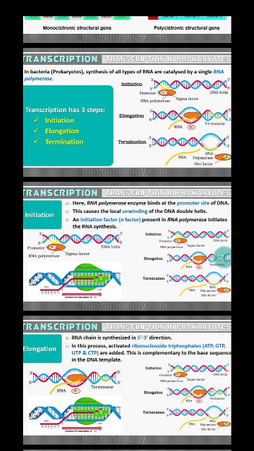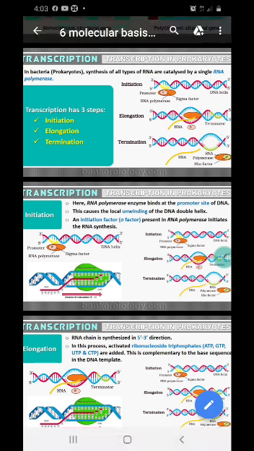Now all the 3 RNAs are transcribed by the same RNA polymerase. Whereas in eukaryotes, we have 3 different RNA polymerases for synthesizing each of these 3 RNAs. Okay, now we'll go into transcription in the case of prokaryotes.